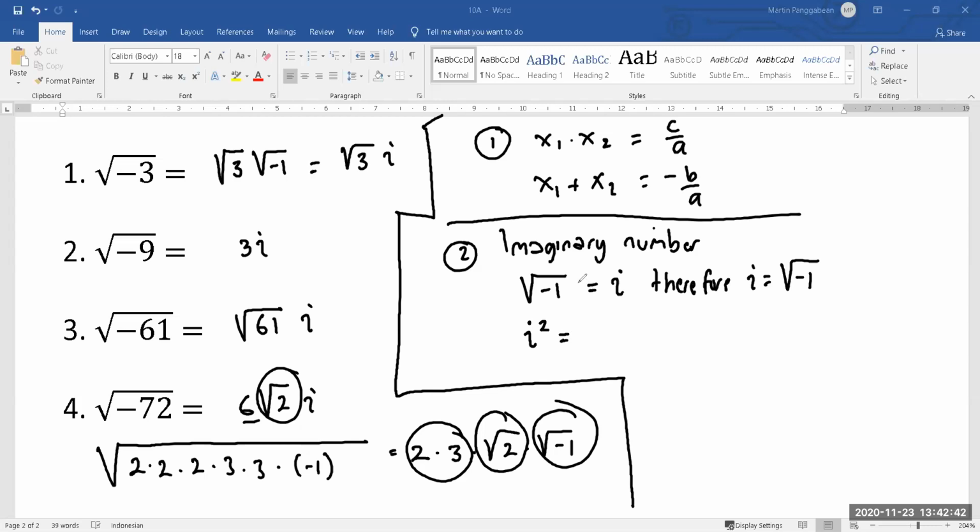If i equals square root of negative 1, i square equals? Negative 1. Good. Now this is the thing that you have to try to understand. These two things are very important. Square root of negative 1 equals i, or vice versa. i square equals negative 1.